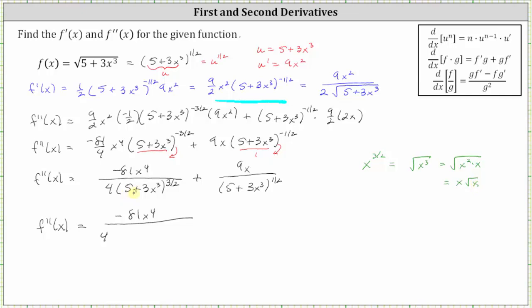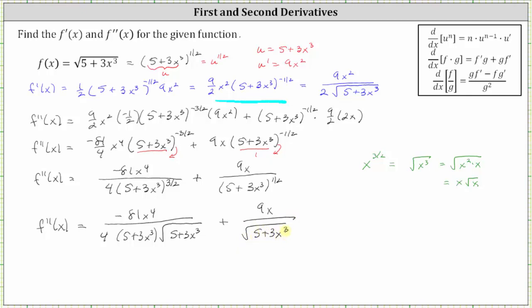So for the quantity 5 plus 3x cubed raised to the 3/2 power, this will simplify to the quantity 5 plus 3x cubed times the square root of the quantity 5 plus 3x cubed. And then we have plus 9x divided by the square root of the quantity 5 plus 3x cubed.